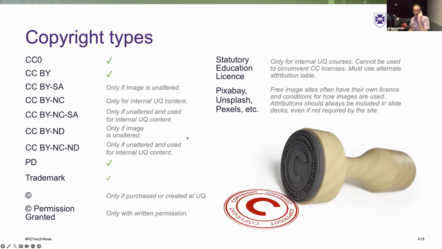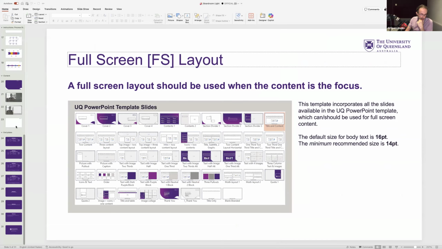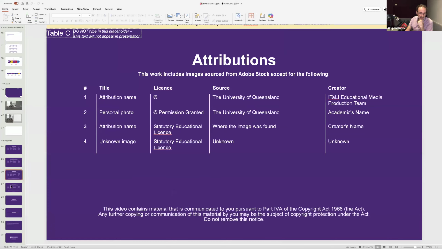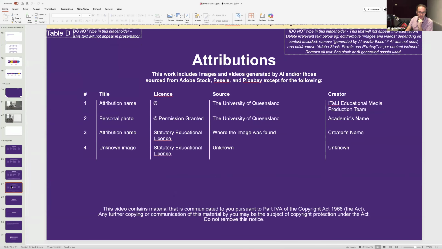Copyright types. When I'm talking about copyright types here, I'm mainly talking about how you actually put them into a slide deck when you're wanting to reference items. In our slide deck we have really nice templates that show you how you can attribute your slides.